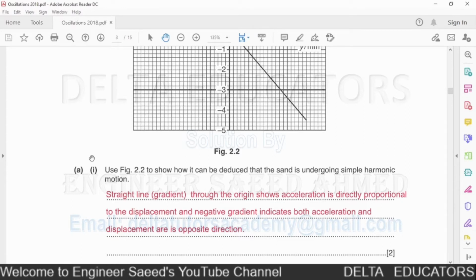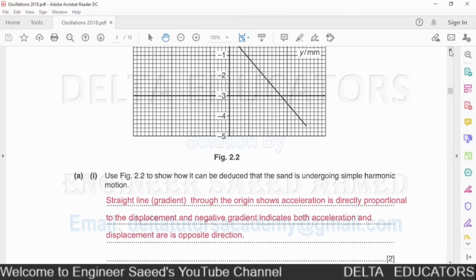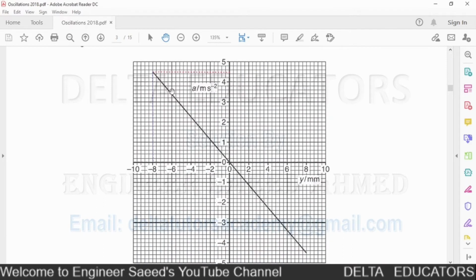Now if we plot a graph between two physical quantities that are directly proportional to each other, the graph is a straight line. Here in this figure we got a straight line, so we can say y and a are directly proportional to each other.